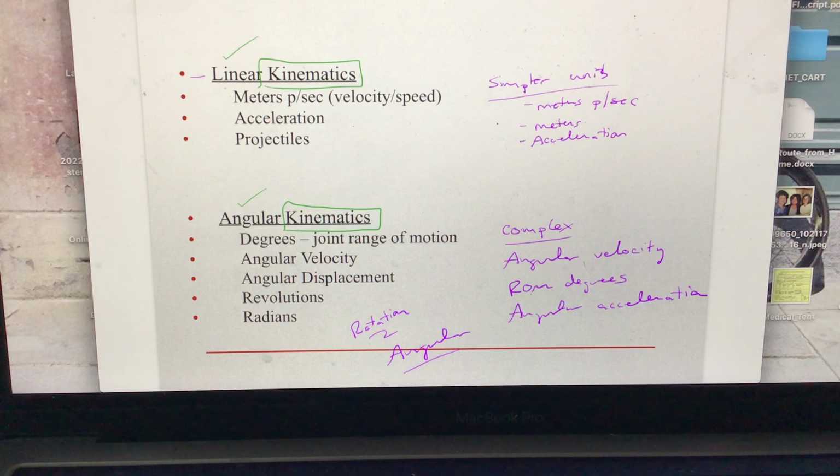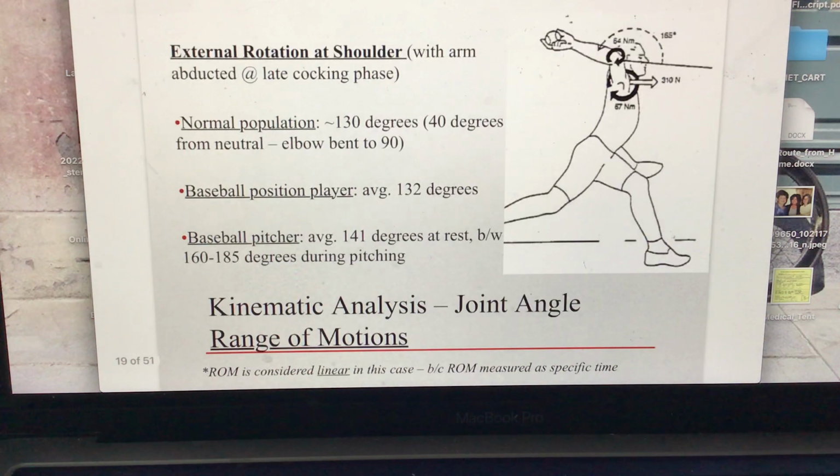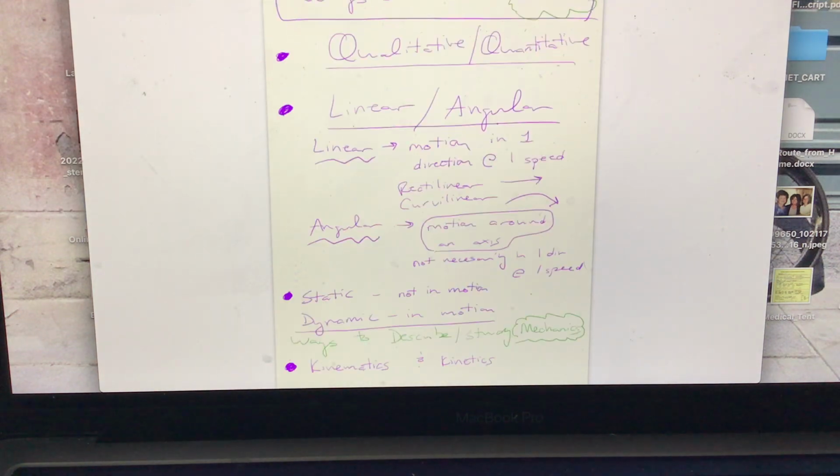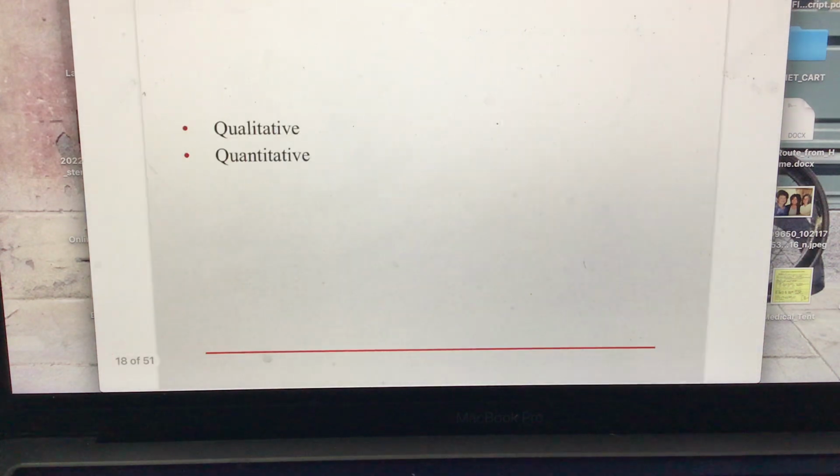We are going to give all sorts of examples in lecture and lab. If I go back to the PowerPoint, I give you some examples. You don't need to know these specifics. This is a tricky one. Let me make sure I correct myself.